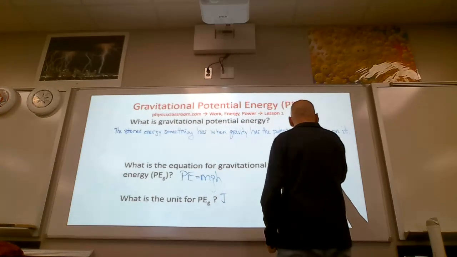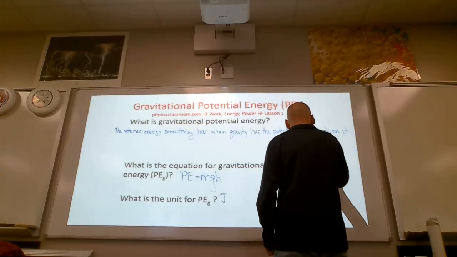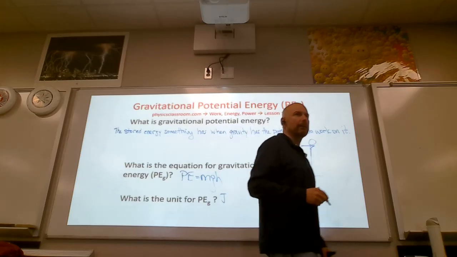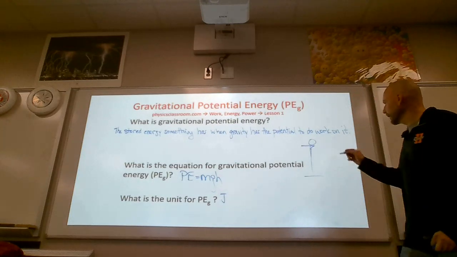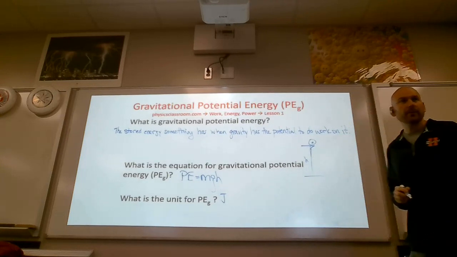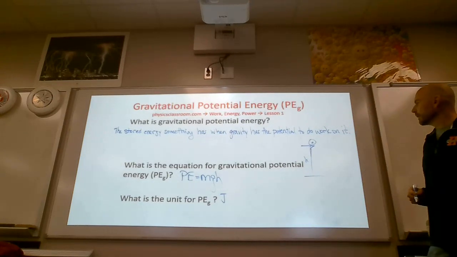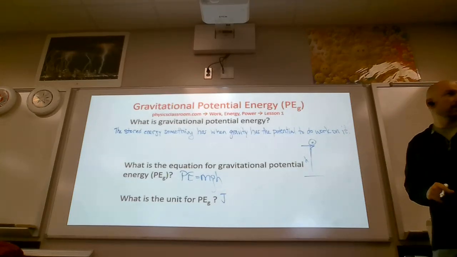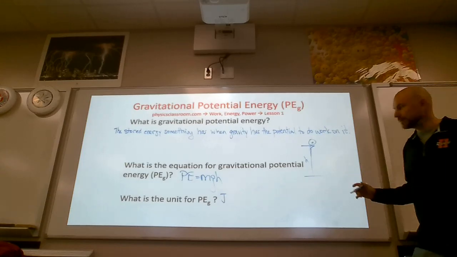Okay. This you don't need to know. It's just for those who are curious. So let's say you have a rock on a cliff, okay? It has a certain mass, a certain height. Gravity has the potential to do work at this location.